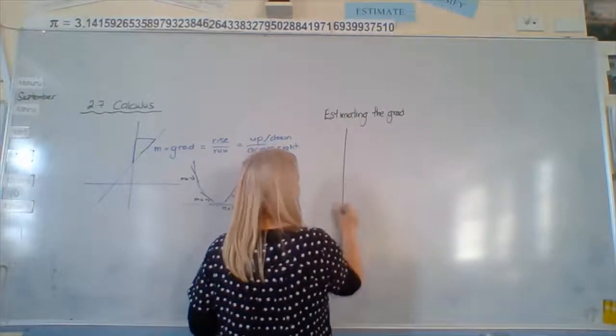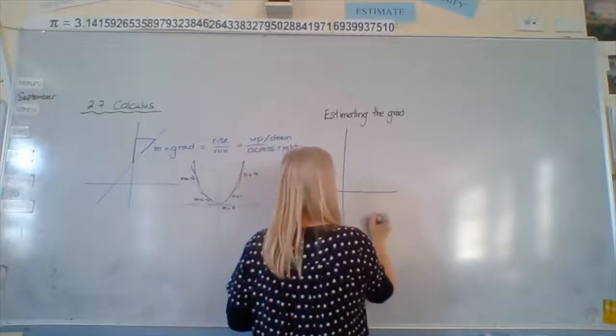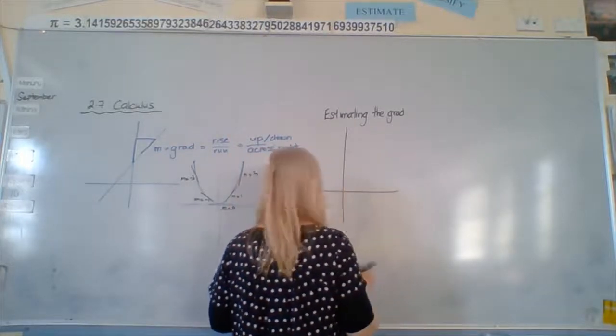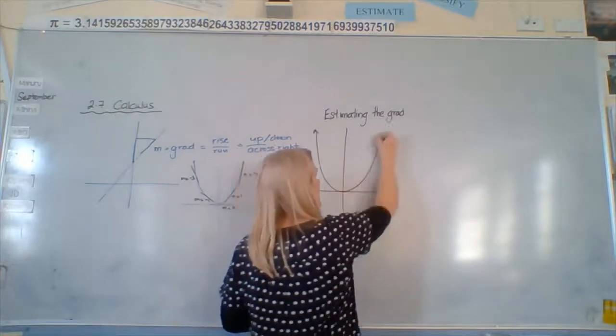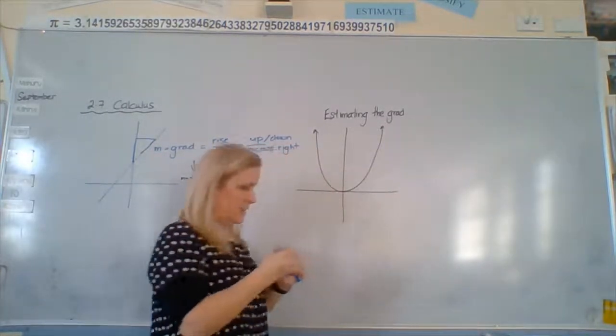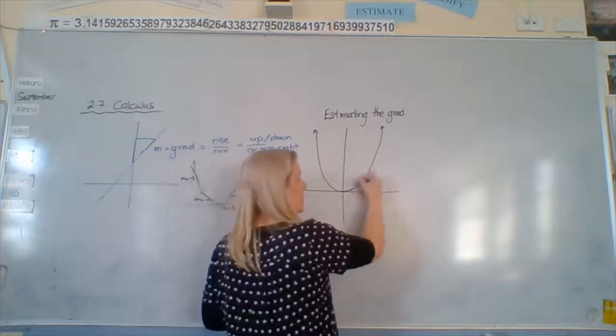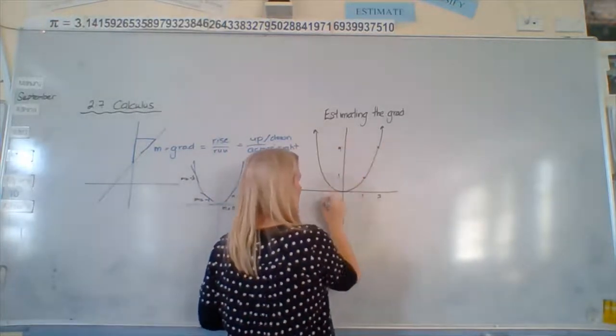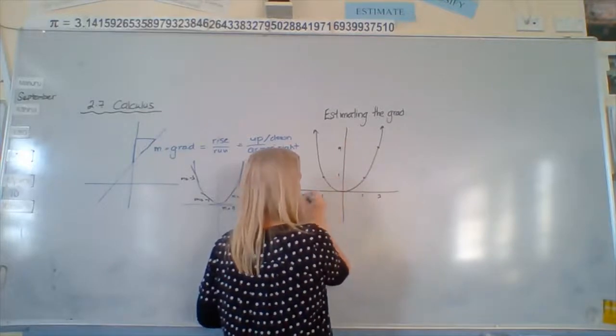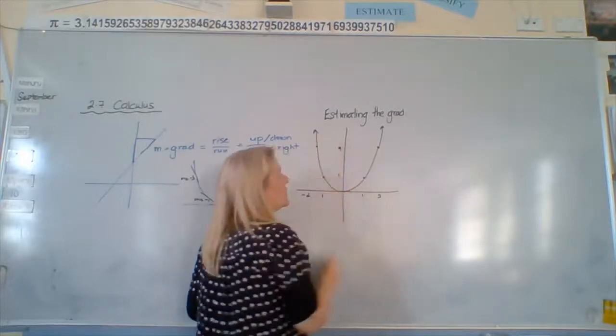Let's say we have, I'm going to keep going with this, but I think it's probably the first question in the book. Anyway. We know that we've got 1, 1, 2, 4, right? We know that those are the points.